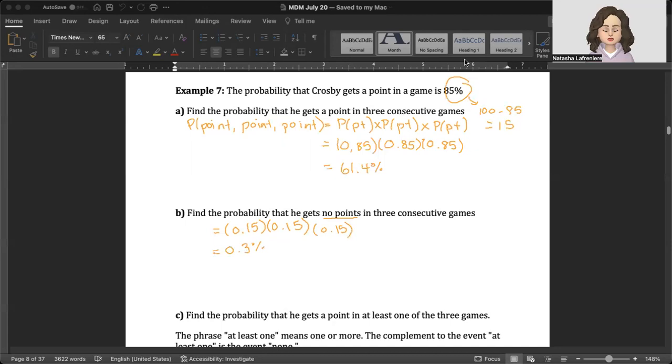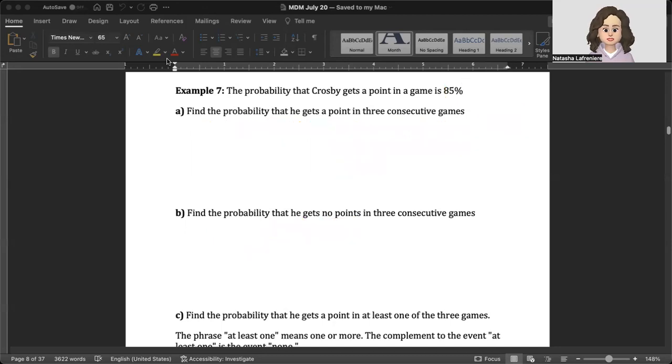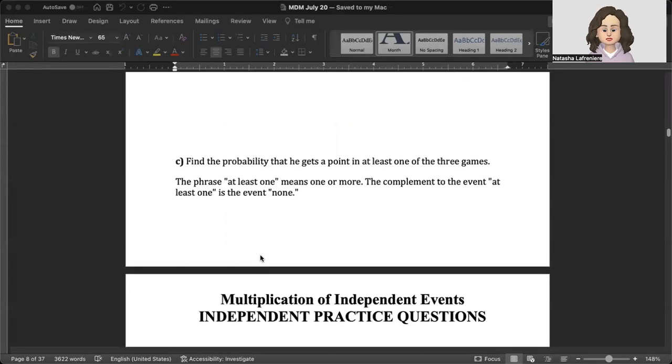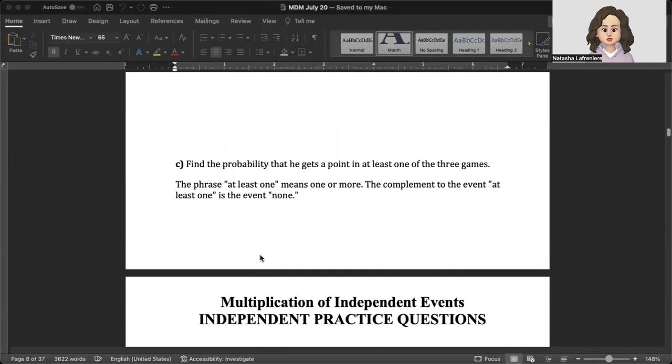And we've got the last question here. Find the probability that he gets a point in at least one of the 3 games. The phrase at least means one or more. The complement to the event at least one is the event none.